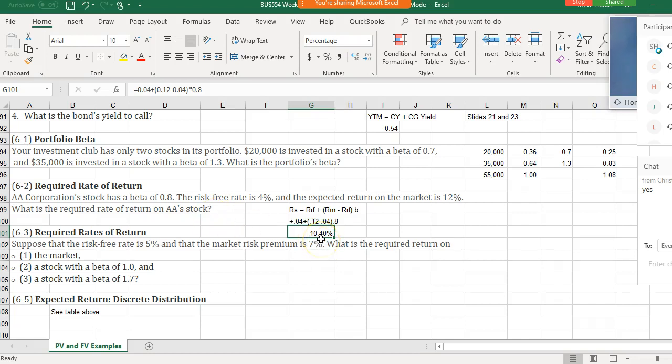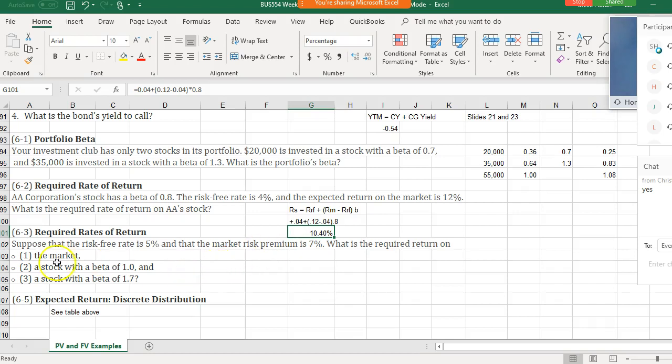So therefore, I get 10.4% return, which is lower than the 12. That makes sense because I get a lower return than 12 on this particular stock because this stock is less risky than the market. So that equates to 10.4%. And that's how you build a portfolio. When you make that investment, you know this is the required return that helps you make an investment decision.